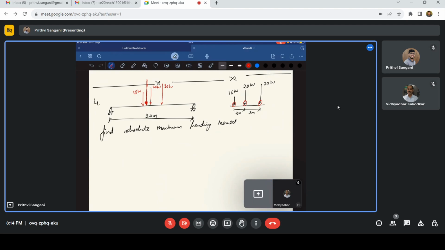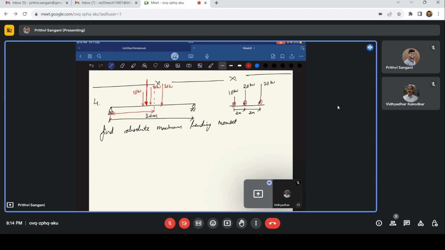What was derived is that the maximum bending moment will happen under the point load which is near to the midspan, and it should be the maximum point load.